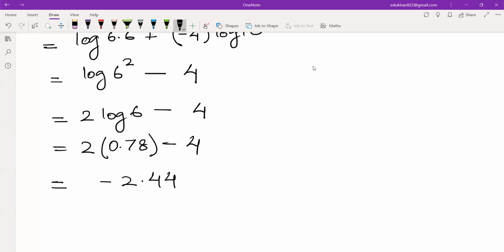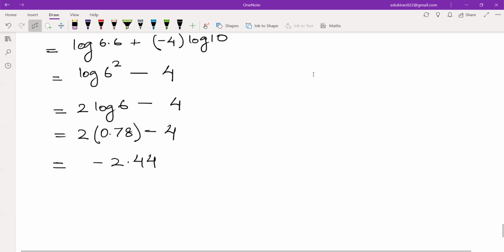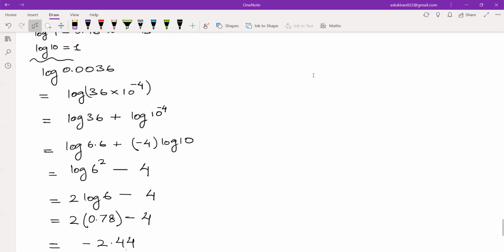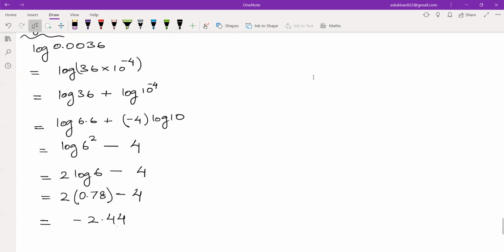So it is a little long, but it is just manipulation of numbers.